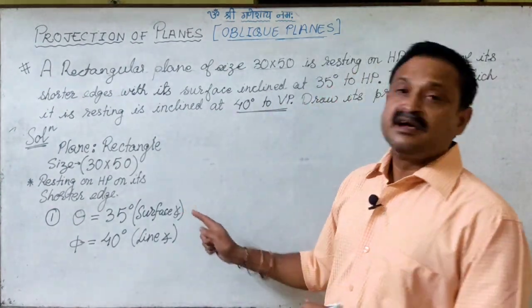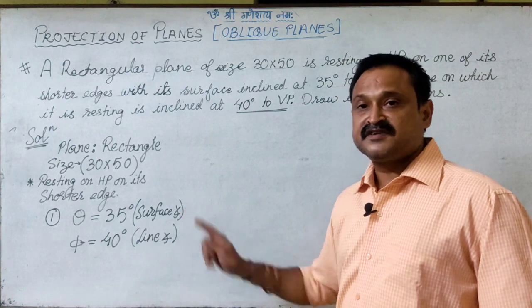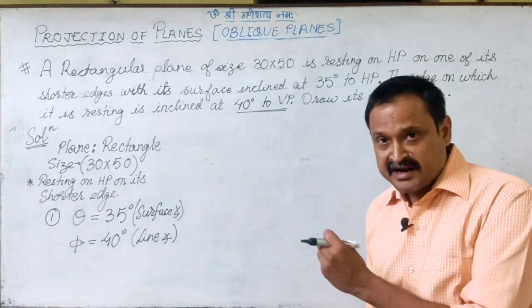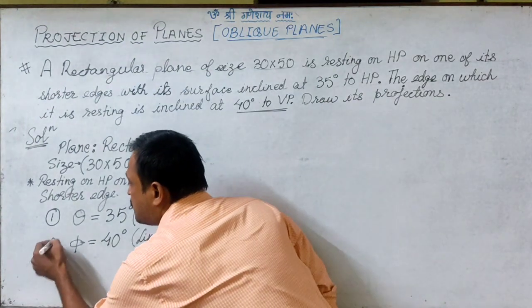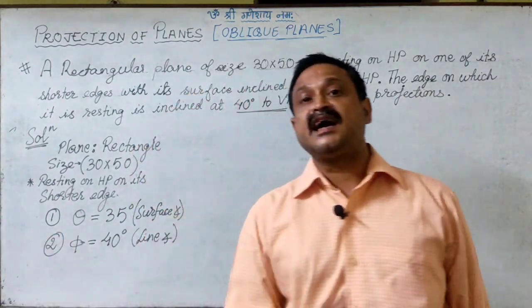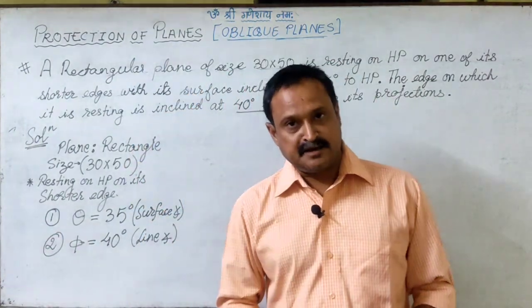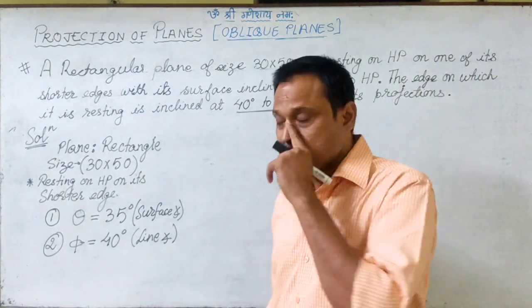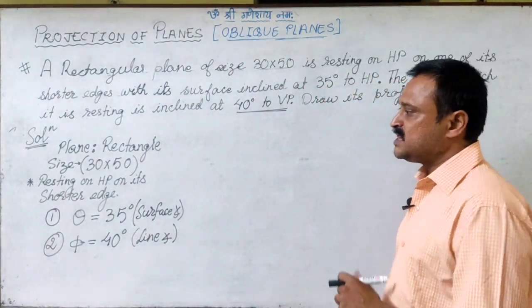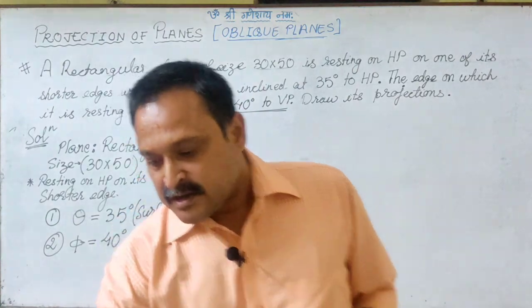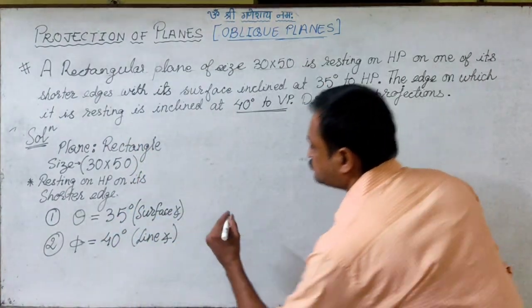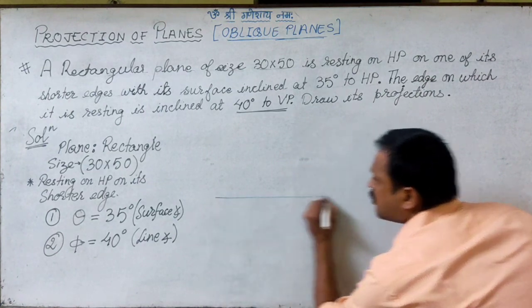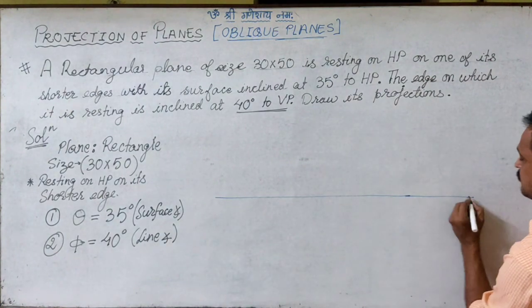In our given problem, theta is the surface inclination, so we are going to add theta in our drawing first, and then we will deal with the line inclination, that is phi. I hope so far you have understood. So now we start with the drawing. The first thing is we draw the reference line.